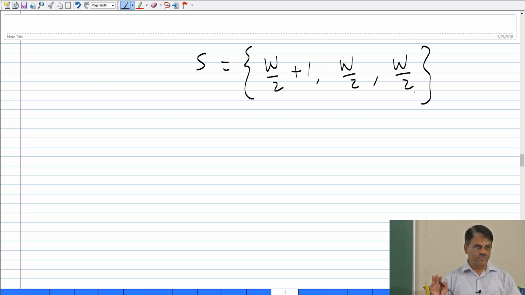You can't take anything more, you are exceeding the capacity. But that's not the optimum solution because you are better off picking the 2 W by 2 guys. So here's a simple example. When you say greedy algorithm, you have to also specify what is your greedy choice. Taking the smallest weight may be a greedy choice, maybe the largest weight may be a greedy choice, but you can come up with examples where either of them won't give you the optimum solution.